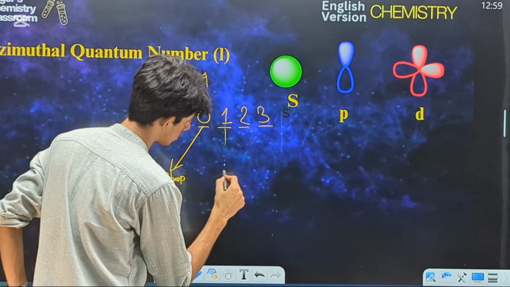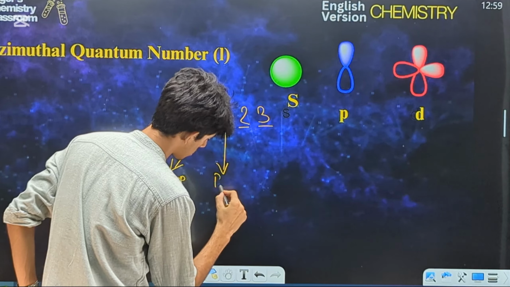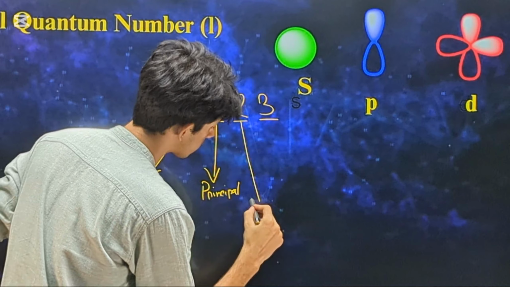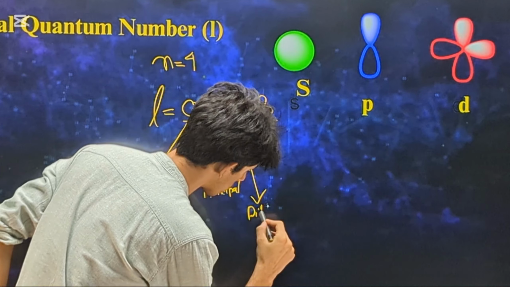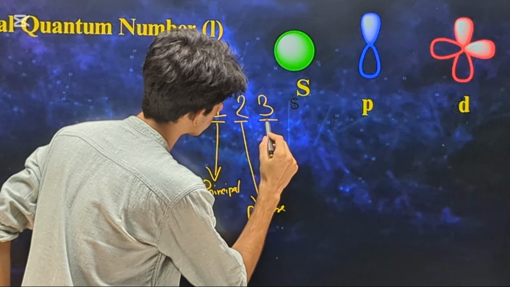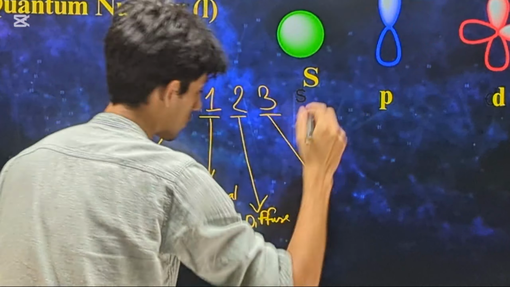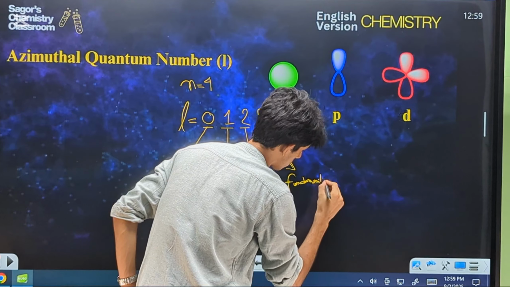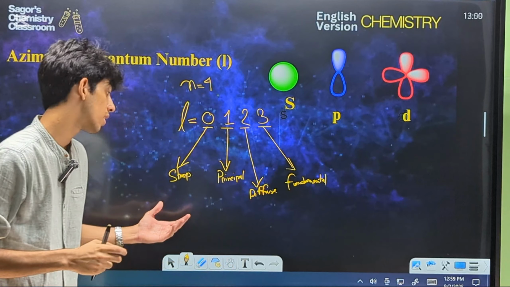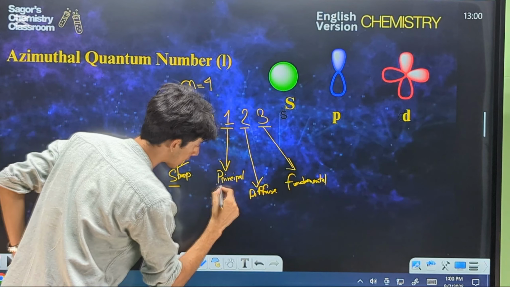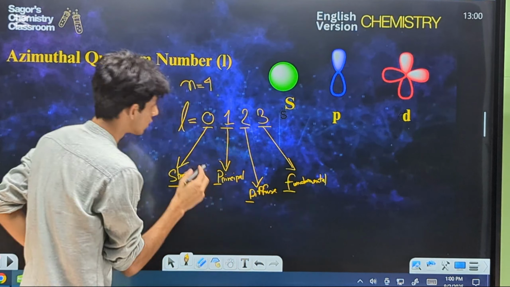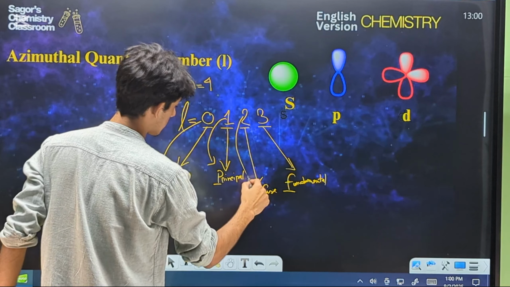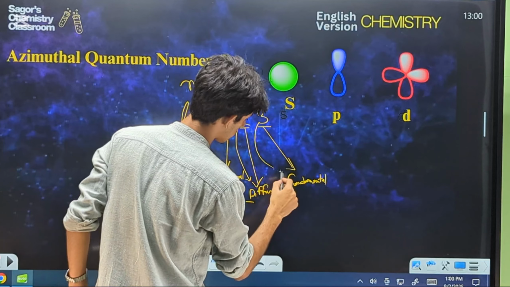The second value is principal. The third is named diffuse. The fourth one is named fundamental. So in short, they're called S, P, D, and F. 0 is called S, 1 is called P, 2 is called D, and 3 is called F.